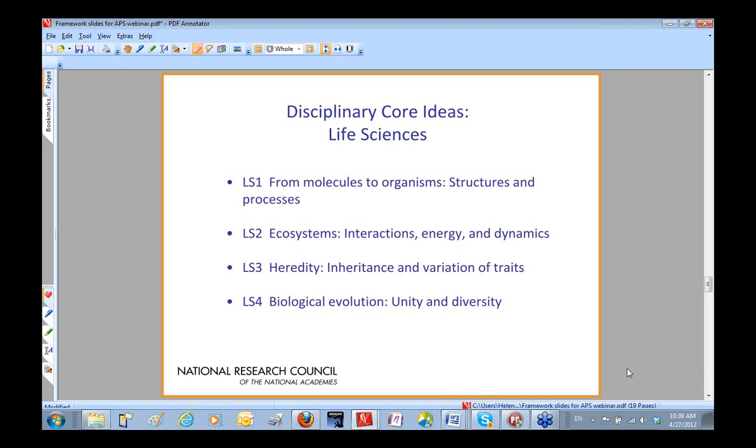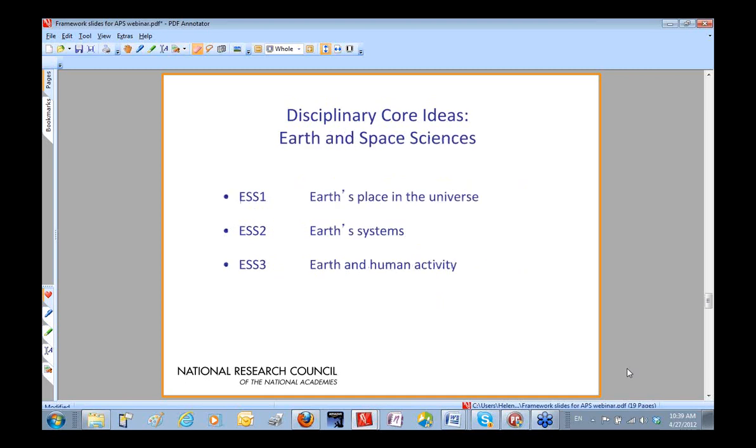You do something that relates to each one of these core ideas and begins to develop it. Although the ideas about evolution start to develop a little later because you have to have built some ideas from the first 3 before you can start to think about evolution. So that's just an example from the life sciences.